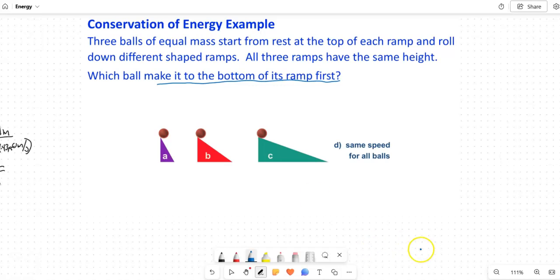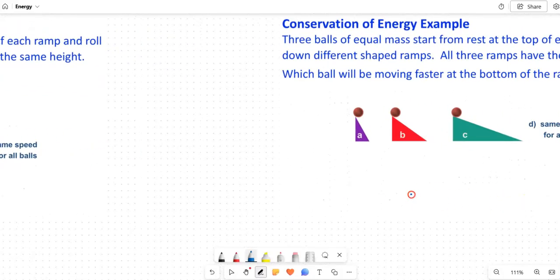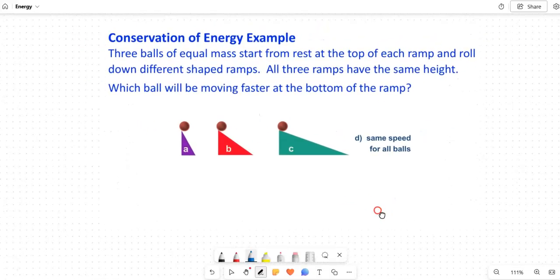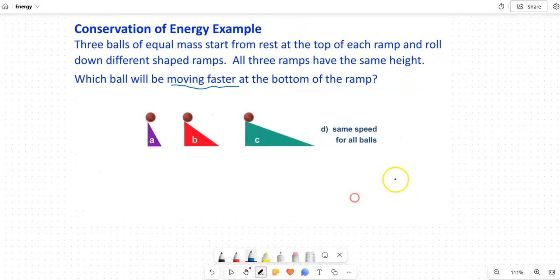Now, after asking you that question, we'll come back to it. Now, same situation, but which ball will be moving faster at the bottom of the ramp? Try to answer this question and pause the video now. Okay.